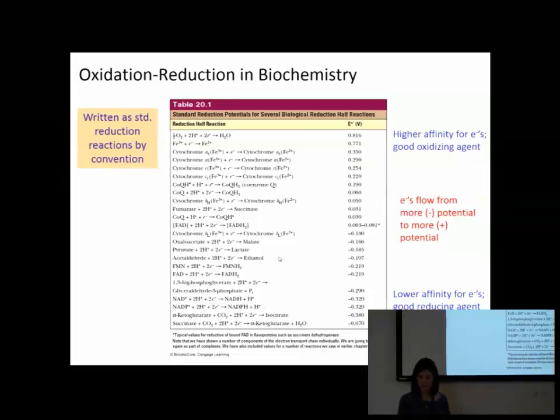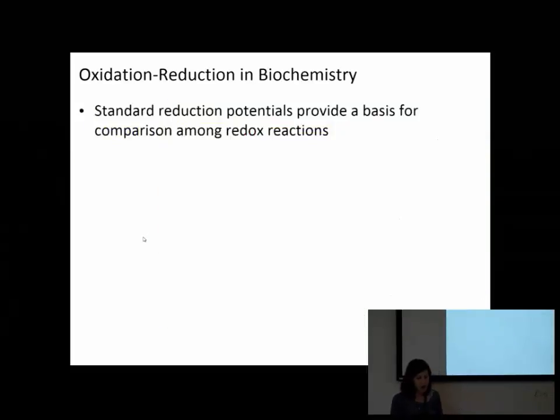More negative to more positive, and that's the flow of our electrons. So our standard reduction potentials are going to provide a basis for our comparison. We're going to use that to predict what's going to happen, with a grain of salt. And I've said this like a billion times, we're going to predict what's going to happen.